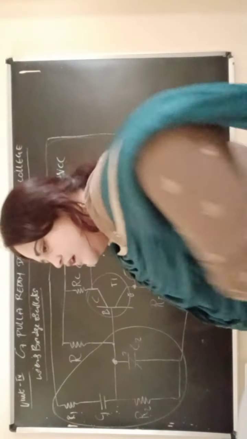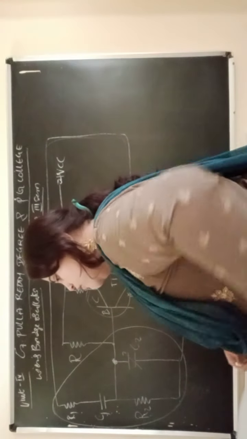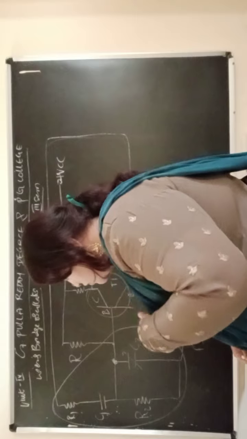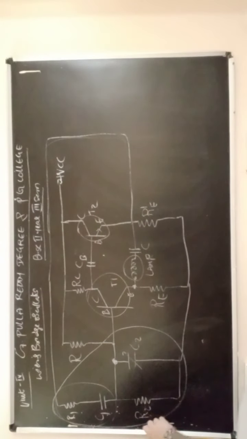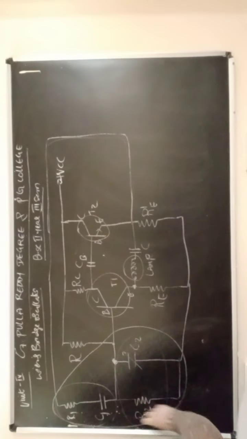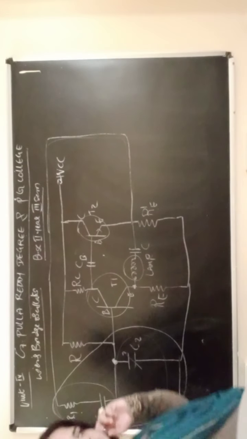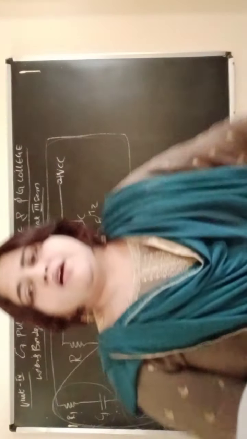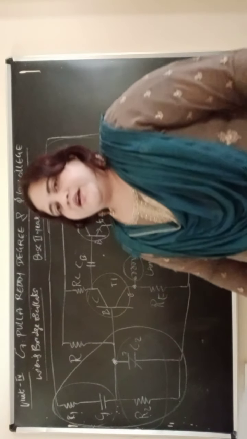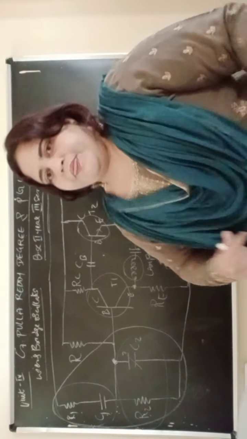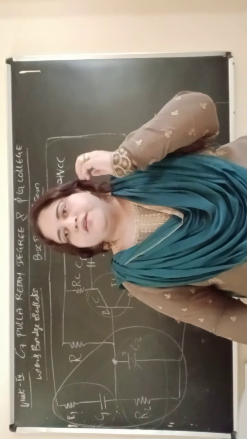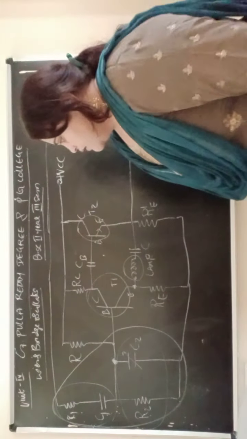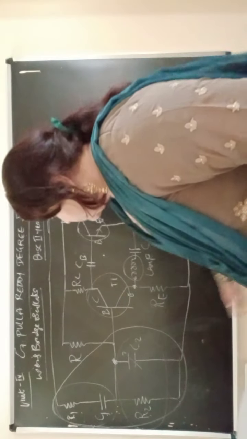So this is the feedback network. What does this feedback network consist of? This is the upper arm and this is the lower arm. This feedback network is nothing but the Wien-Bridge oscillator network, that feedback part.